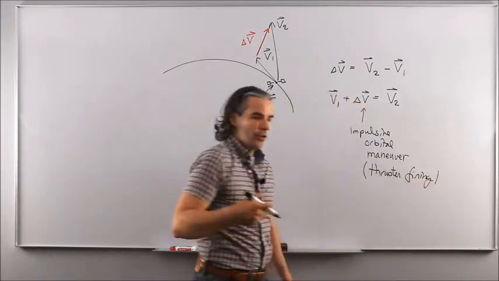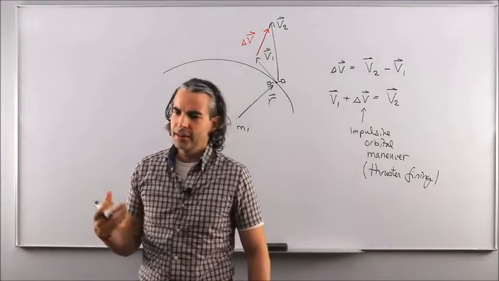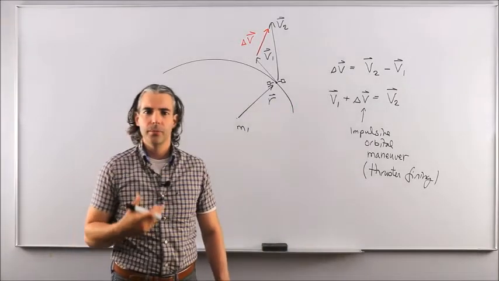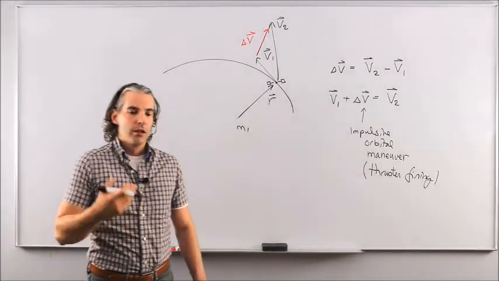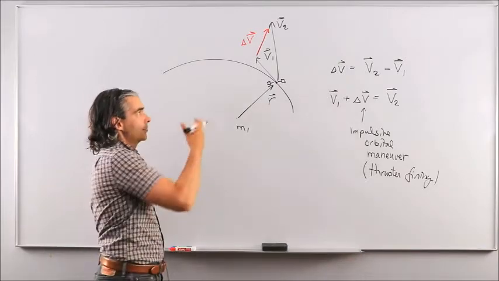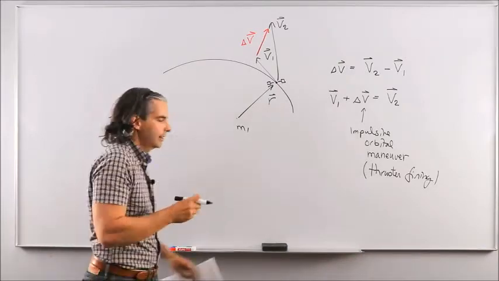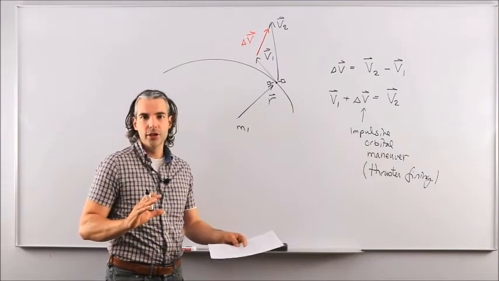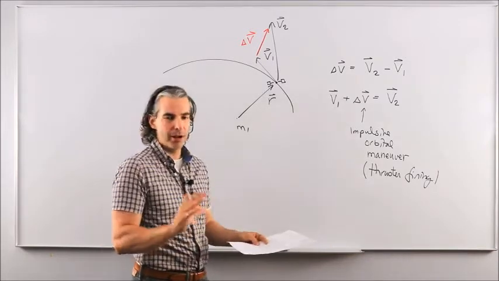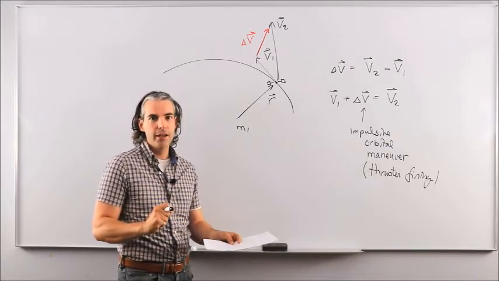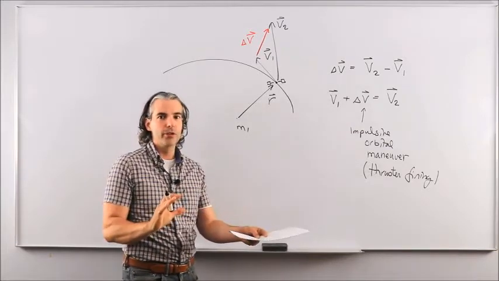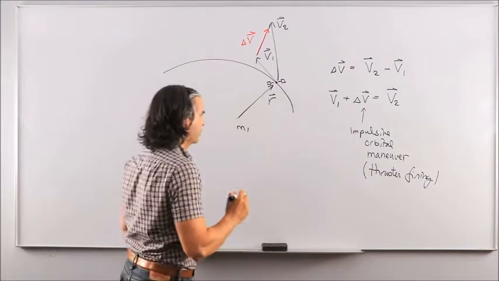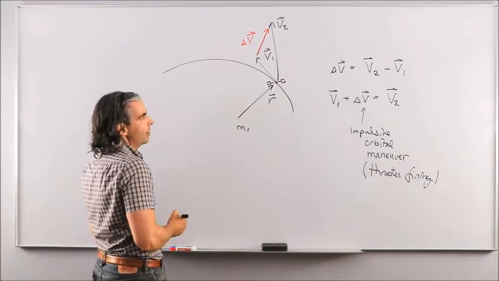Now, you may think, wait a minute, in practice, as you said, it is impossible to do an impulsive maneuver. Correct, but this assumption still holds well, because if you think about the action of opening a thruster for a number of minutes to boost the velocity of the spacecraft and then shutting the engines off, that entire period where the thrusters were open corresponds to a few minutes at most.